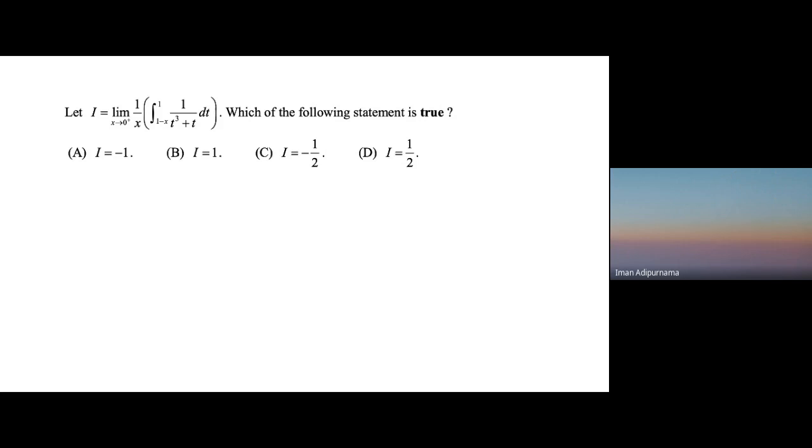D. Okay. The last one is the correct one. If I write like this, does anyone have a solution?